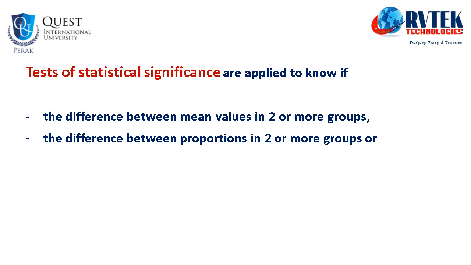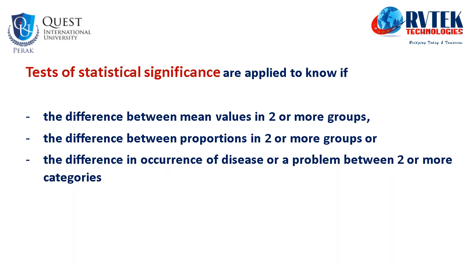Is it significantly different? Or the difference in occurrence of a disease or a problem between two or more categories. Among smokers, what is the occurrence of lung disease? Among non-smokers, what is the occurrence of lung disease? Is the difference statistically significant? Tests of statistical significance are applied in these three types of scenarios.